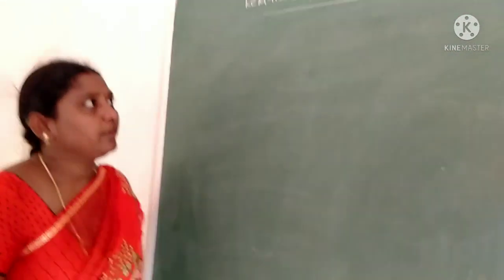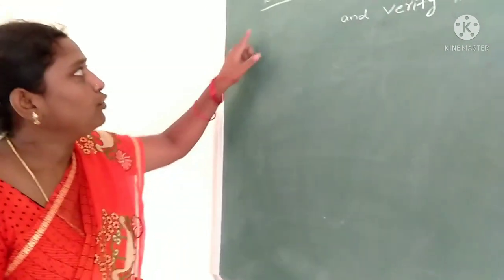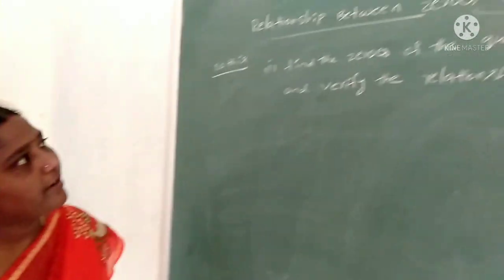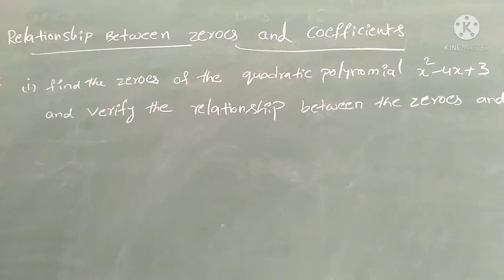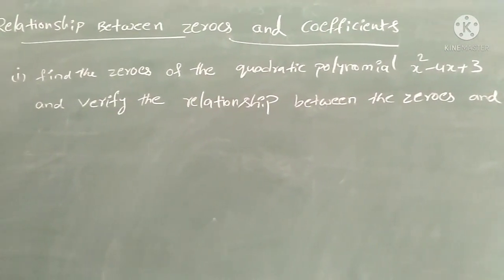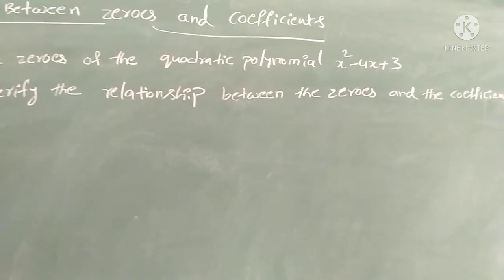For example, do this problem. First, find the zeros of the quadratic polynomial x square minus 4x plus 3 and verify the relationship between the zeros and the coefficients.